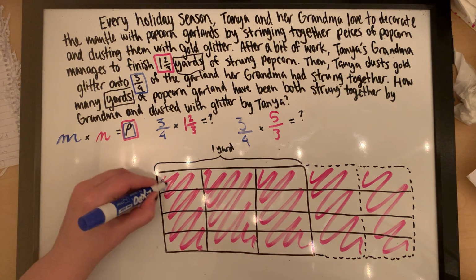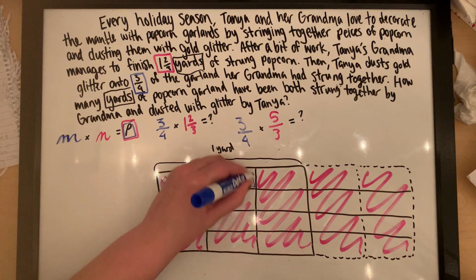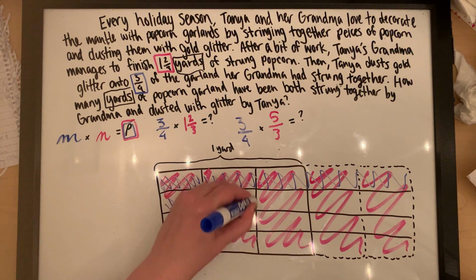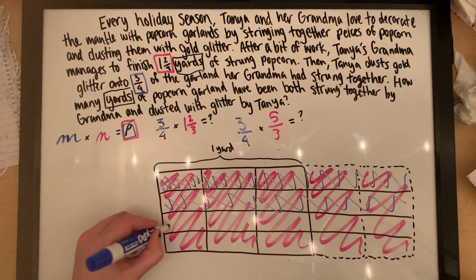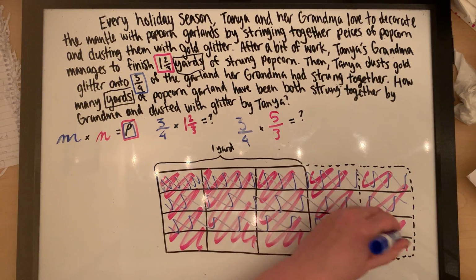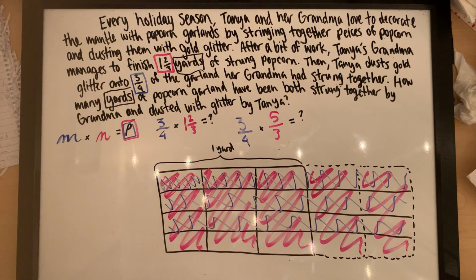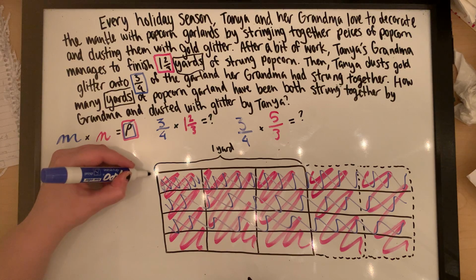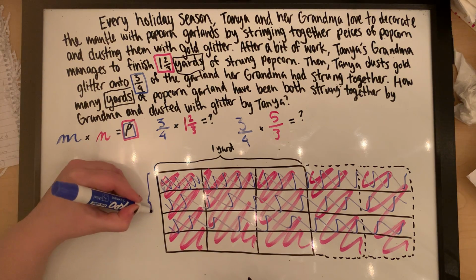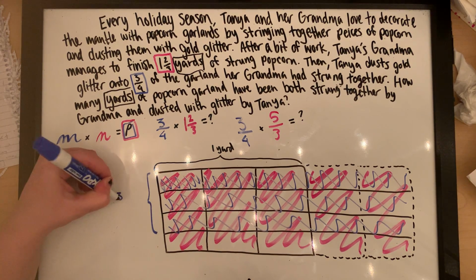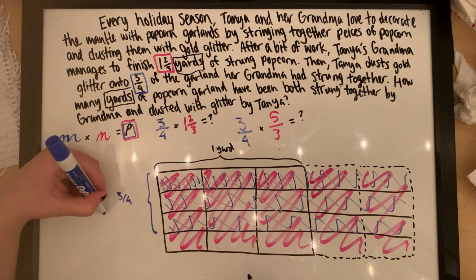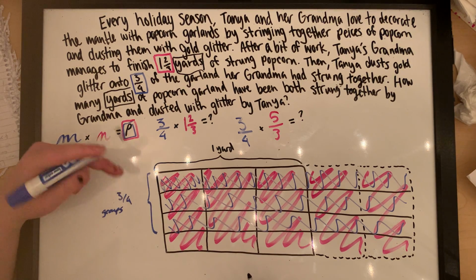So let's see. There's 1, 2, and 3. Three-fourths groups. Right.